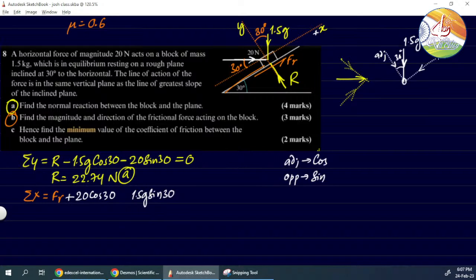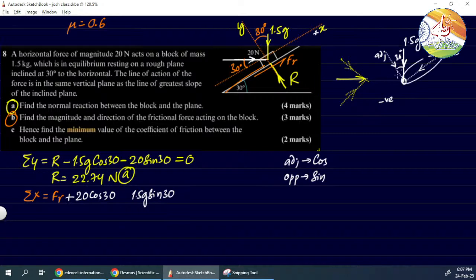And is it positive or negative? Right side is positive, left side is negative. Look at this arrow. It's coming left side.